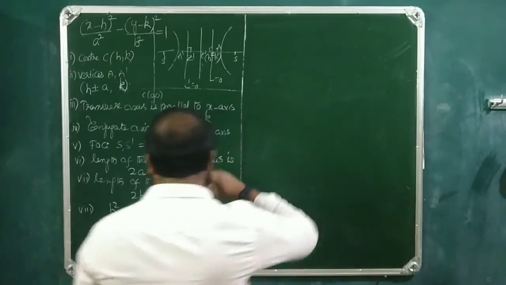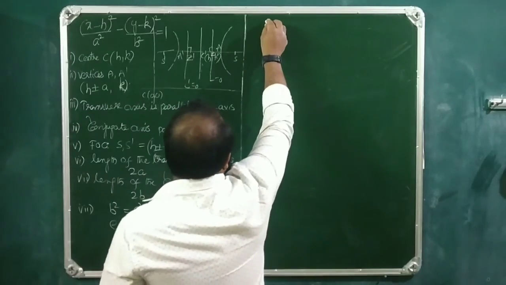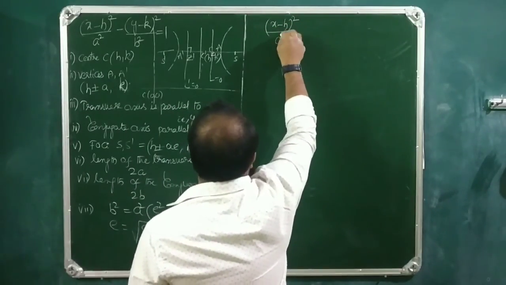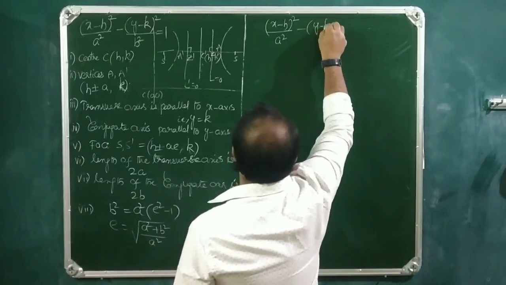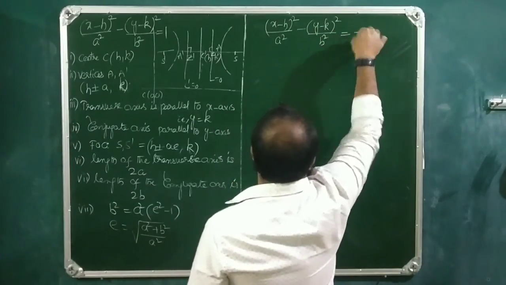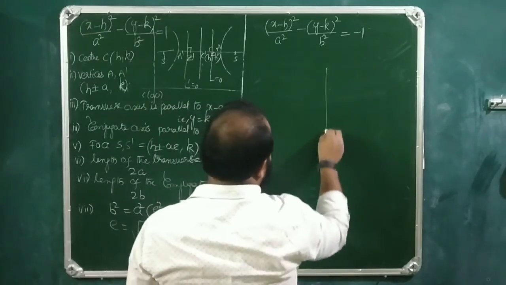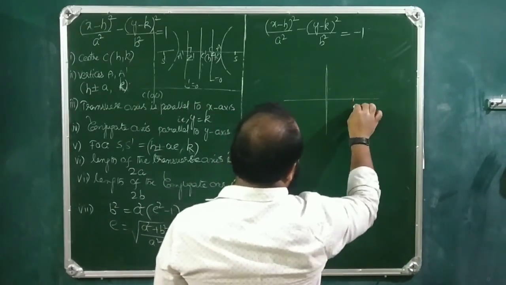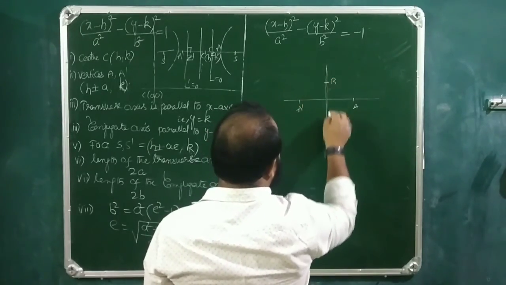Now x minus h whole square by A square minus y minus k whole square by b square is equal to minus 1.